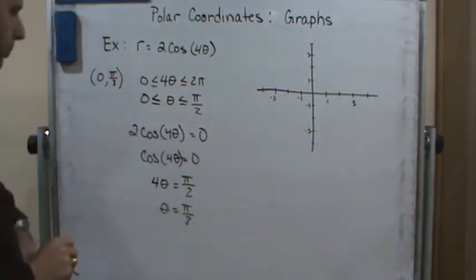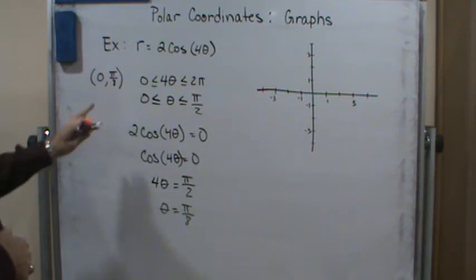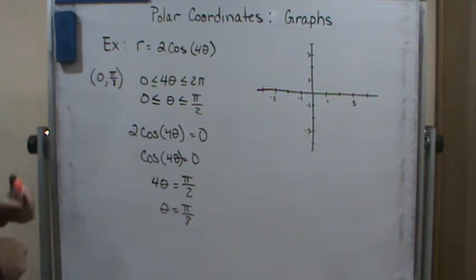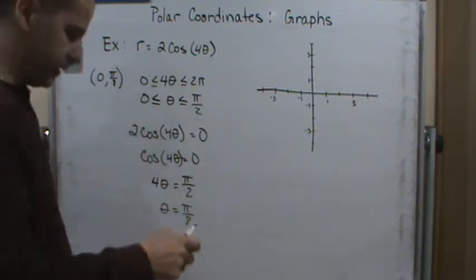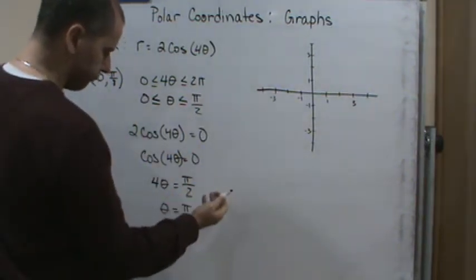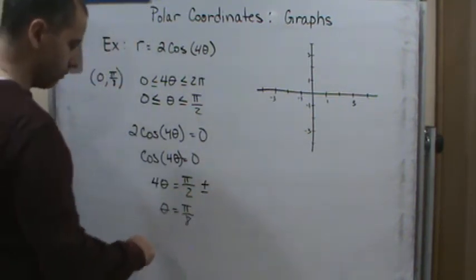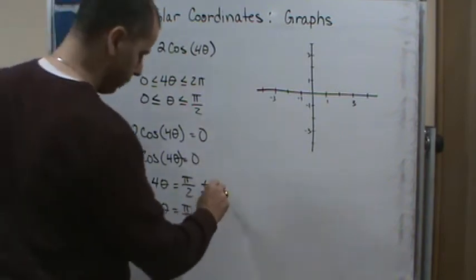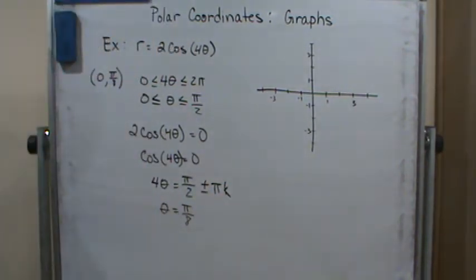Now the thing is, this is not the only place it's going to be 0. In fact, and again, this goes back to things that we talked about, this happens at pi over 2 plus or minus pi times k for any integer k.